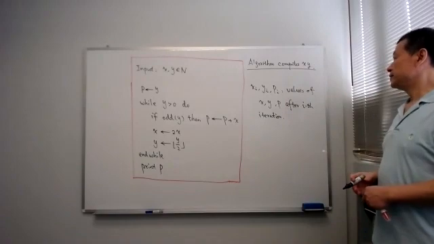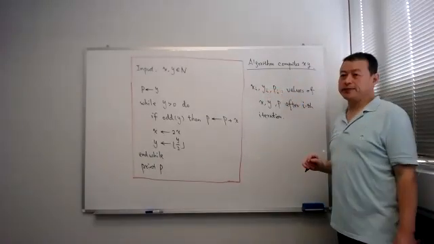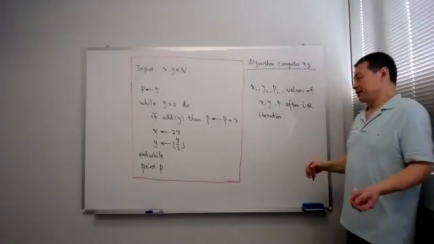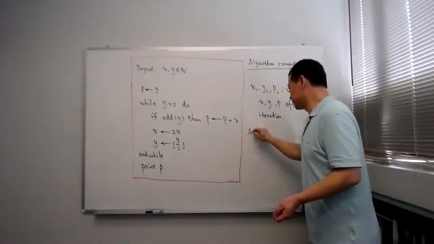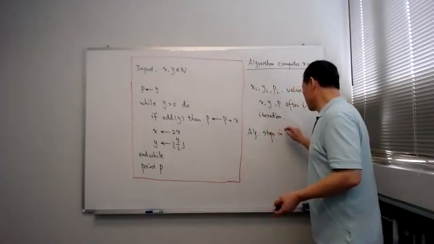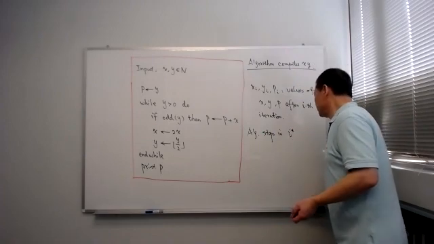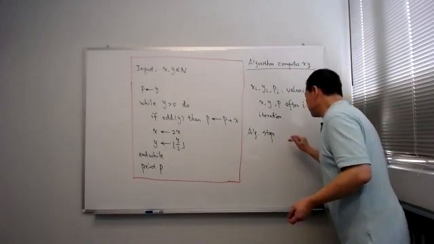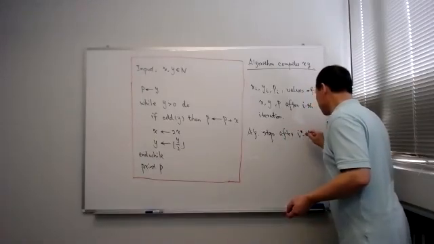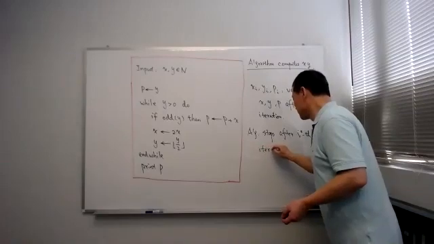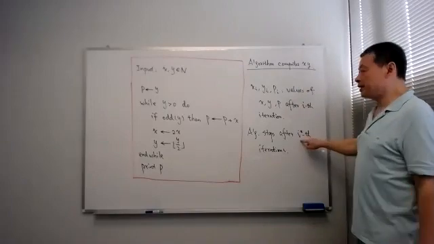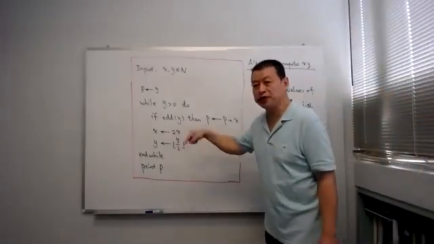Okay. So let x_i, y_i, p_i respectively represent the value of these three variables after the ith iteration. So the algorithm will terminate. We know the algorithm will eventually terminate because each time the value of y is reduced by half.